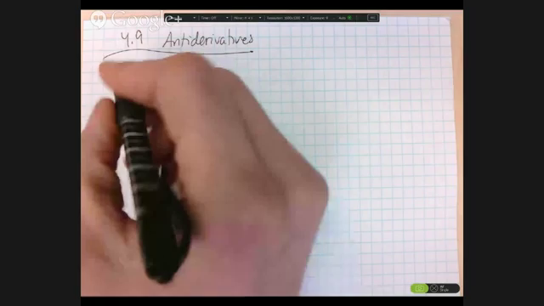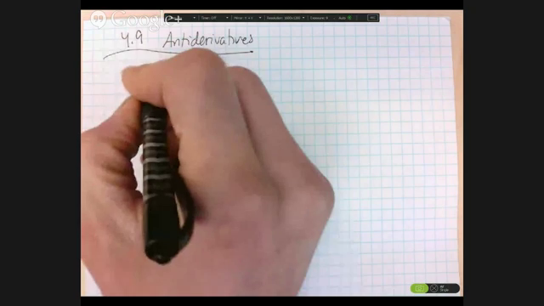All right, so here's the definition of an antiderivative.